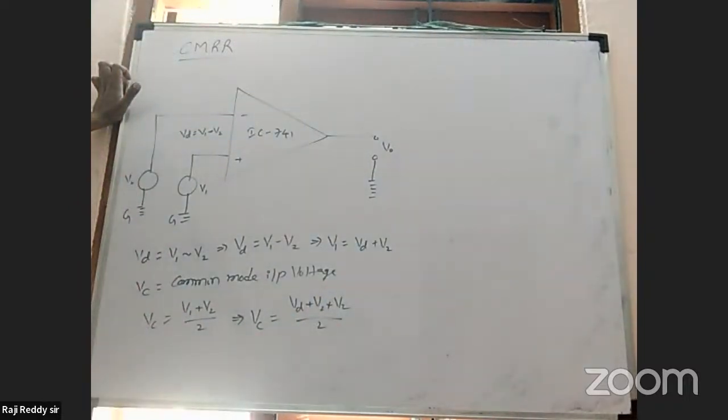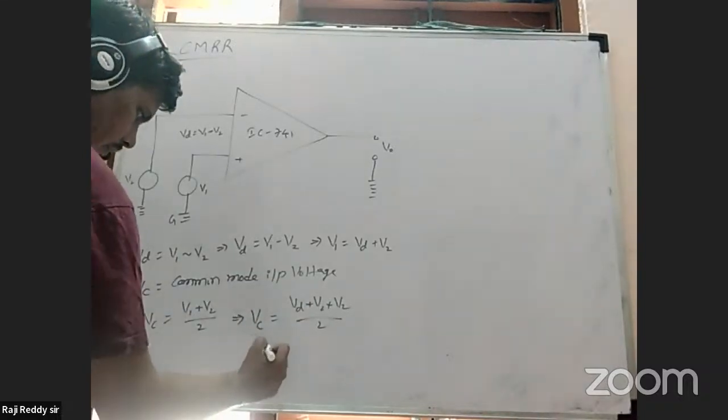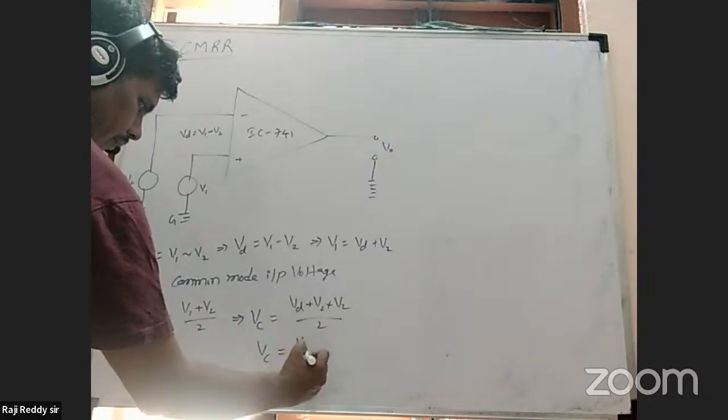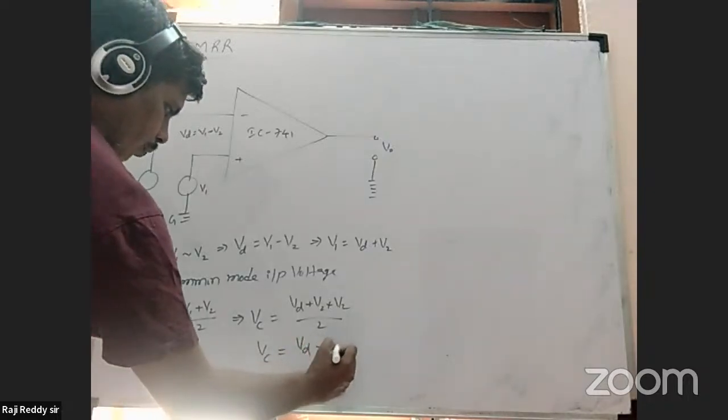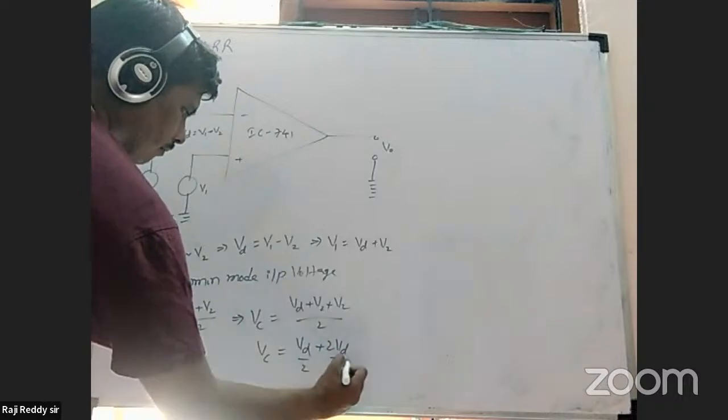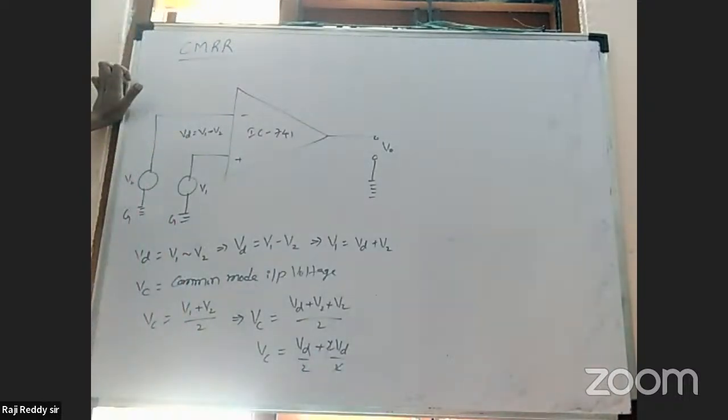We get VC is equal to VD plus 2V2 by 2, and these two get cancelled.